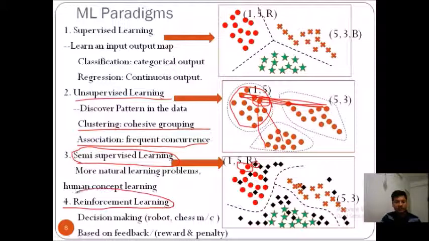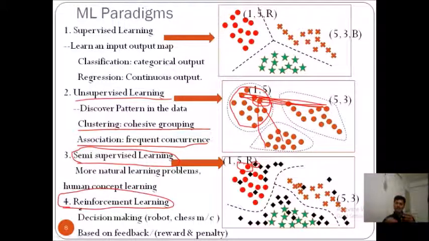The last one is reinforcement learning. It is mainly applicable in the gaming field and robot programming. There, in order to take a decision in a particular environment or situation, we may not have sufficient knowledge. So at that moment we take an action, and next we get the feedback, which may be a reward or a penalty.